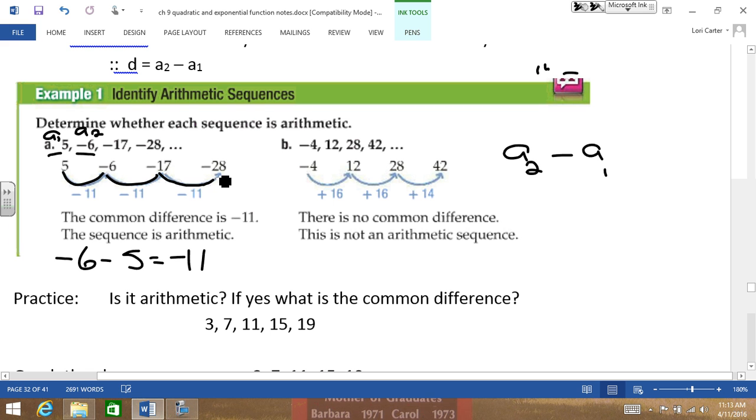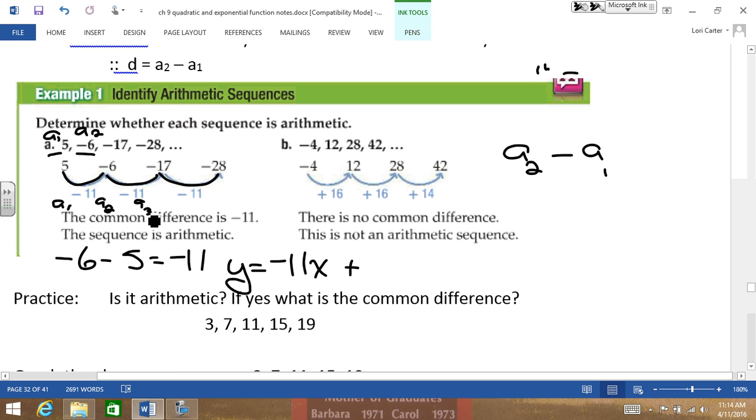Okay, how do I write my equation? y equals mx plus b. What's m? Negative 11. It's the difference. How do I find my y-intercept?